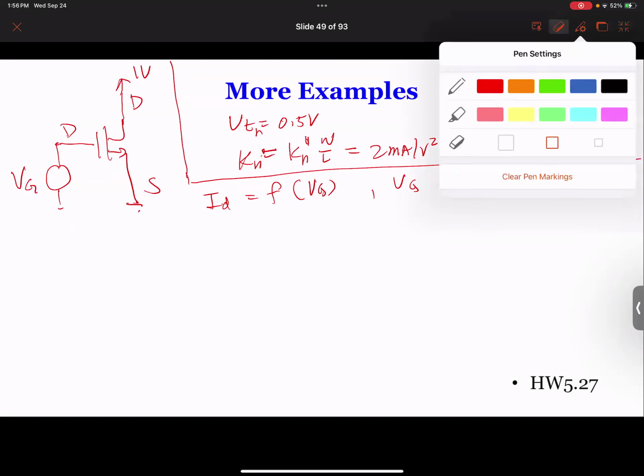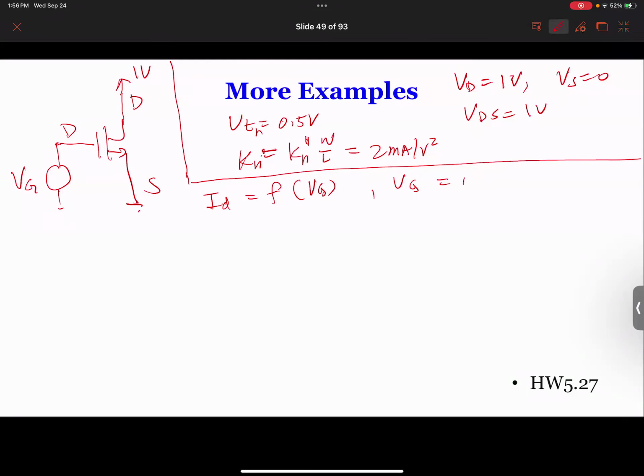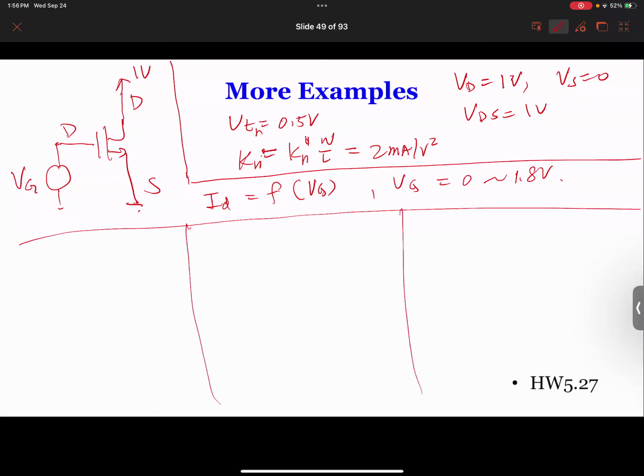Apparently when VG is small, it's going to be off, right? So again, we're going to look at 3 different regions. First is off, where VG is VGS. It has to be less than VTN for it to be off. So VGS less than 0.5, it's going to be off.